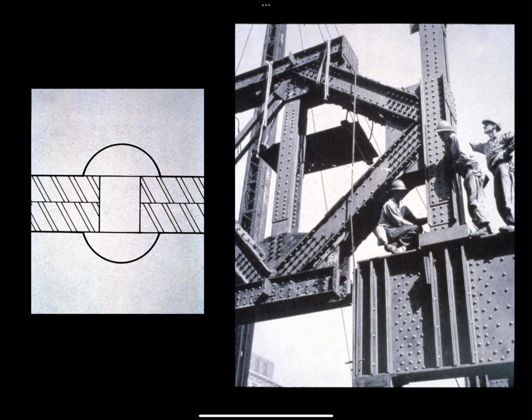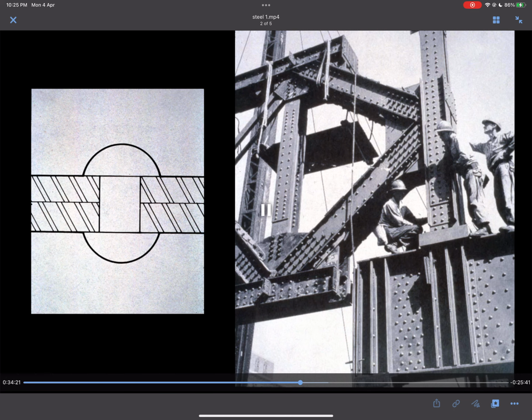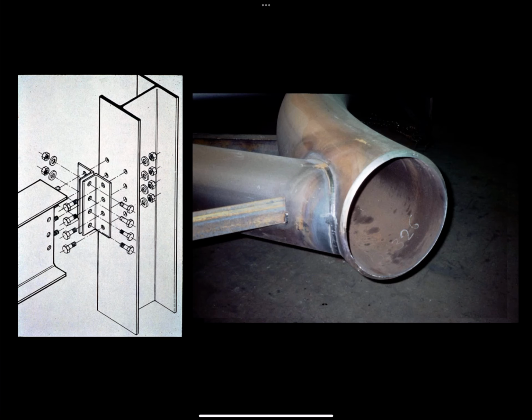But the old railway and road bridges that have these domed heads on them, these are all rivet connections. And in fact, rivets were used up until World War II, and it was only after World War II that welding and bolting came in and replaced riveting as a method of joining steel. So on the left, we see bolted connections.